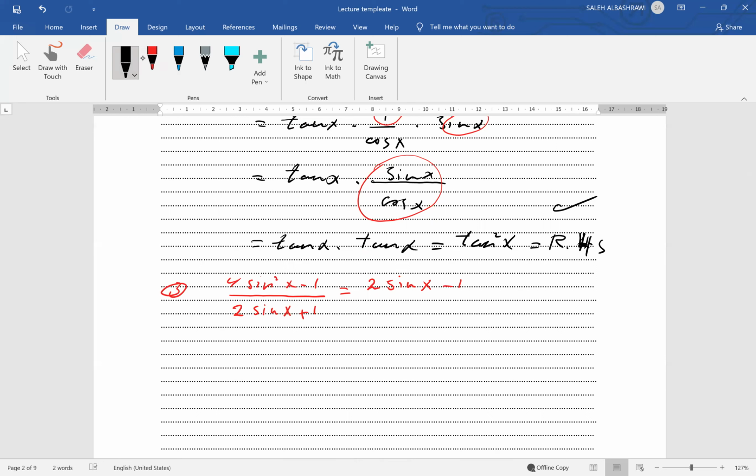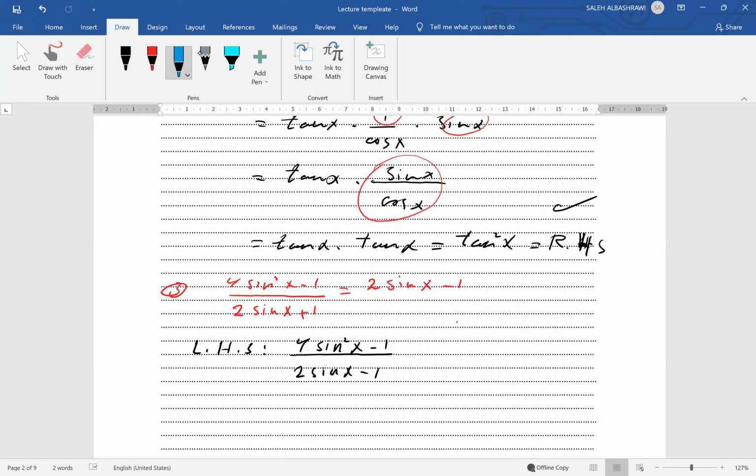I will take the left-hand side. We can take the right-hand side also, but I will take the left-hand side because it is more complex or complicated than the right-hand side. 4 sine square minus 1 divided by, now 4 sine square minus 1, it is difference between two squares.